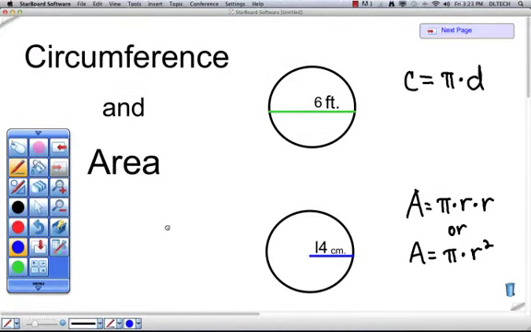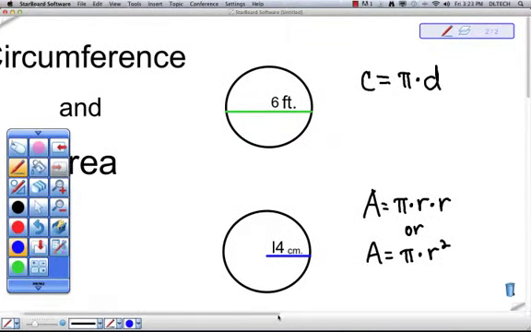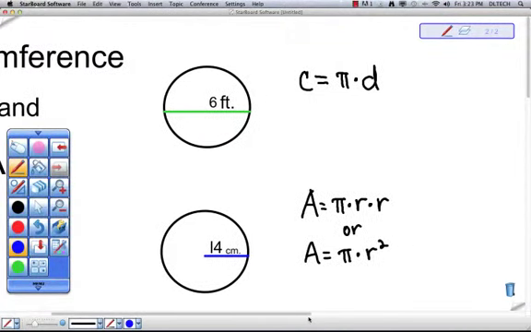The next section I'd like to cover in the Math Accuplacer is circumference and area of a circle. Still using the same information given, either the diameter or the radius will be given. The circumference is the distance around a circle.